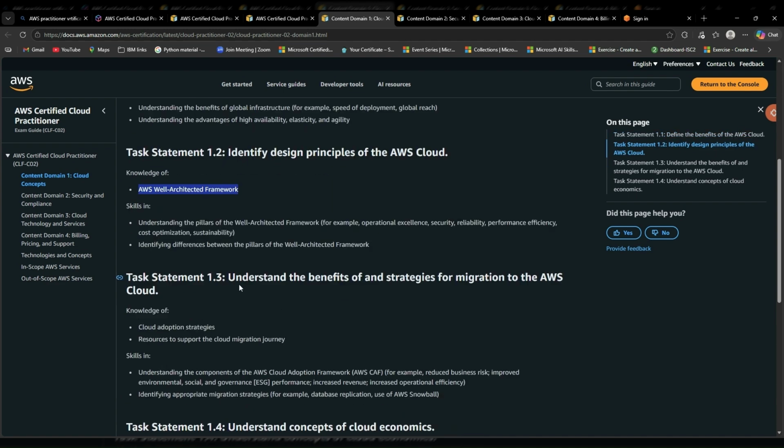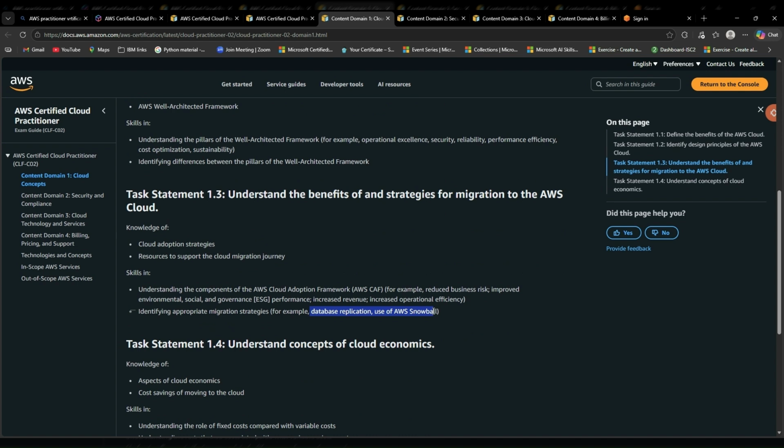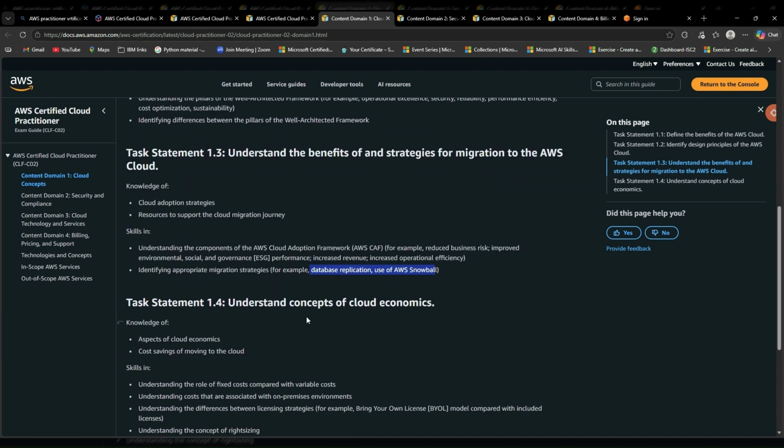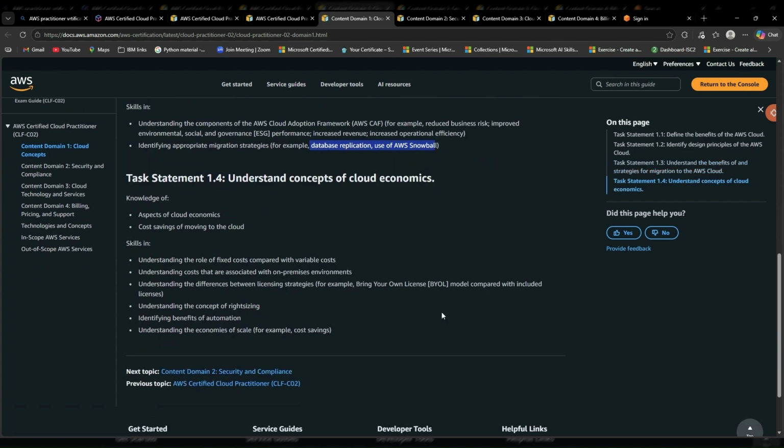You need to understand the benefits and strategies for migration to the cloud, including different types of migration strategies, and what type of database replication you want in order to migrate your workloads to the AWS cloud. Then understand the concepts of cloud economics, regarding cost savings and how you can maximize them.